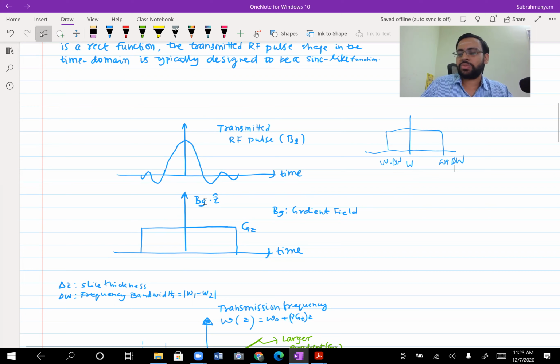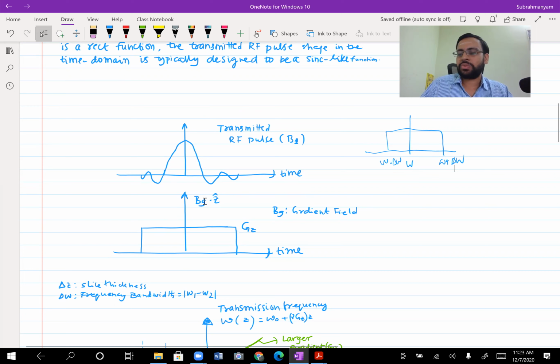Your angular frequency is gamma times B naught. So if the magnetic field you are applying in the Z direction is uniform throughout, everything has the same resonant frequency. Now you want only a portion of your object to resonate and respond. So what do you need to do? You need to vary the resonant frequency spatially.